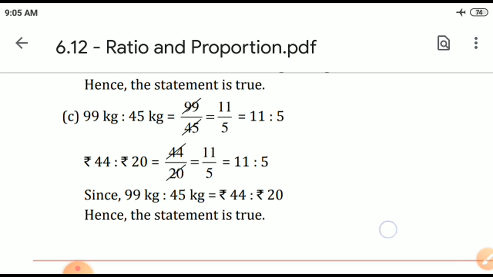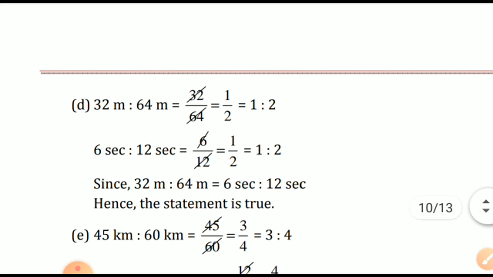Is it? Okay. So now look at here D. 32 meter is to 64 meter will reduce form as 1:2. Same way the second number is 6 second is to 12 second will give only a number. Only number means 1:2. So both the ratios are equal. When two ratios are equal, that means they are in proportion. They are in proportions.